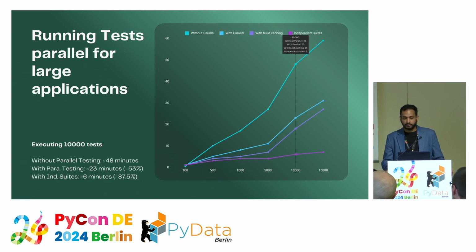And if you run them individually in their individual suites, it becomes a straight, horizontal slope, which does not take more time than you want. So 48 minutes and 6 minutes, there's a huge difference, approximately 42 minutes. And yeah, more than 87% of runtime execution.